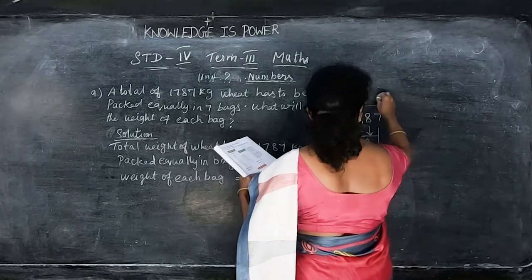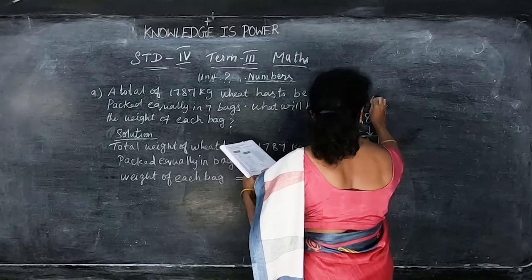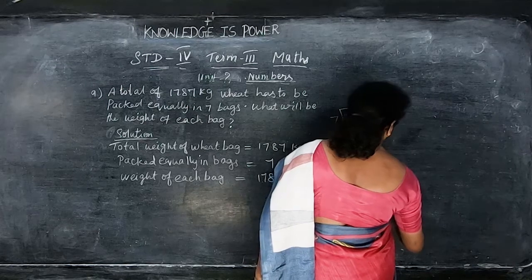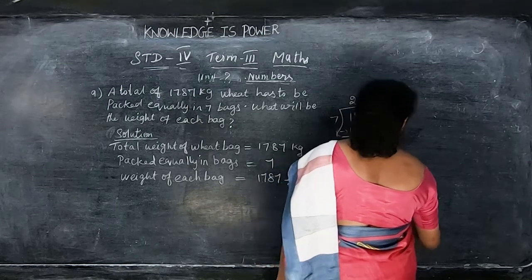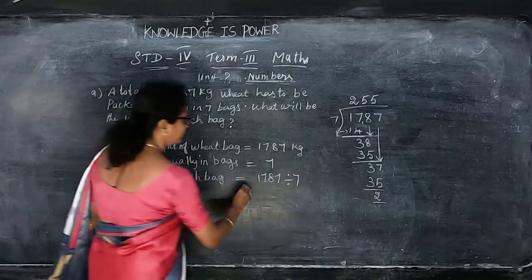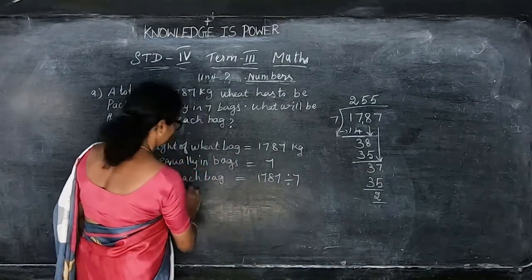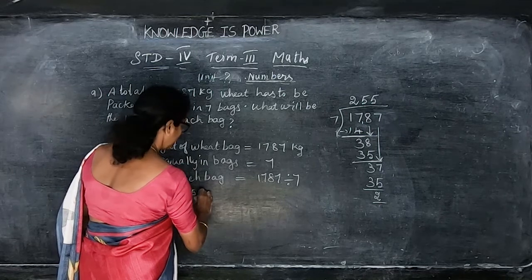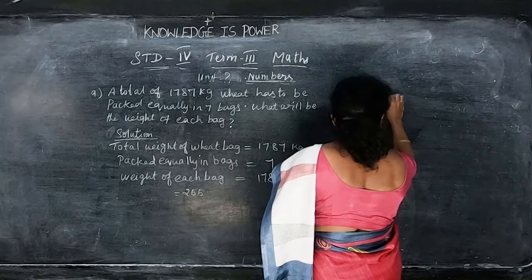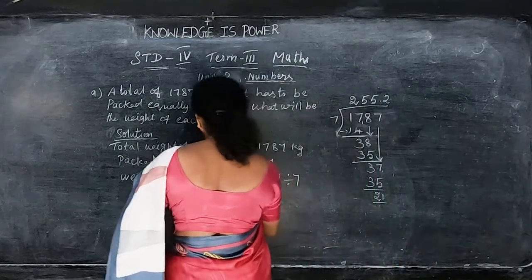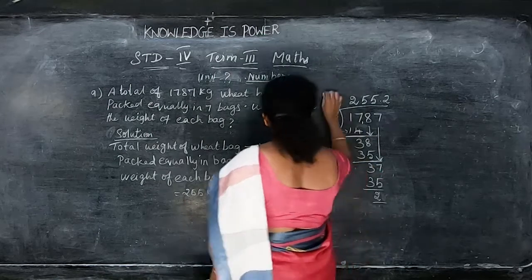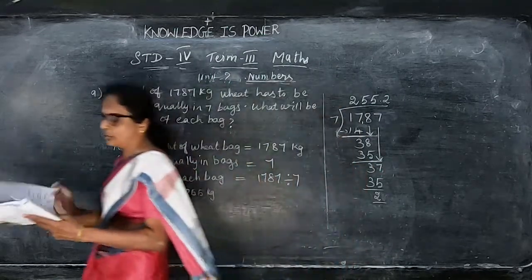So 9 7 again 7 5s are 35. So remaining is 2. So the weight of each bag is 255. இங்கே ஒரு 2 போட்டாக்கா 7 2s are 14. சரி, 255 kg. Okay, so this is the remainder. So this is the way of doing the problems.